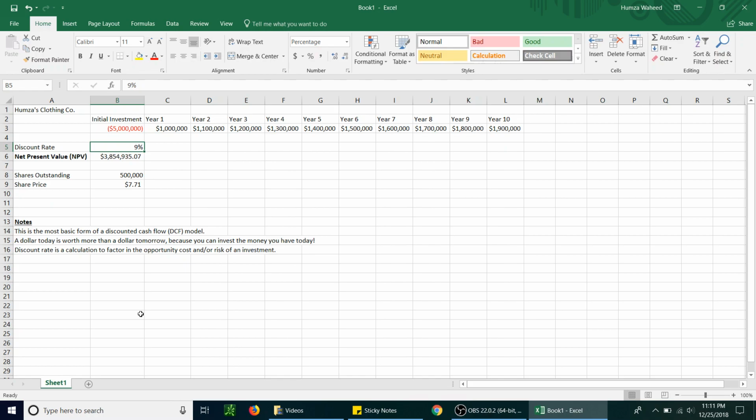And that is why we're using that discount rate. So if you think that rather than put your money into Hamza's clothing company, you can just put it somewhere else and gain 9%, that's why you would use a 9% discount rate.